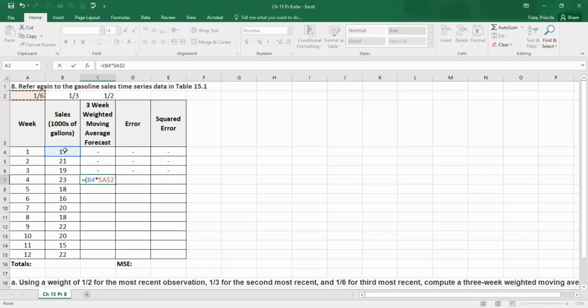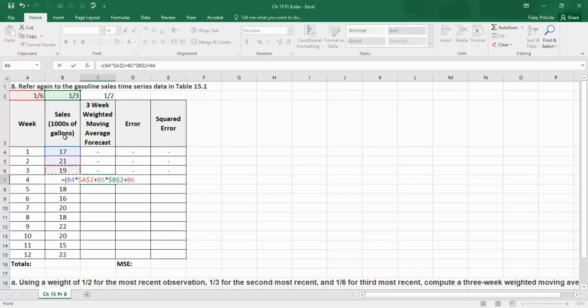The first one is always going to refer to 1/6, plus the second value, second week, times its weight, which is 1/3. And let's press the F4 key to make sure you always refer to 1/3, plus the last value, the week 3.